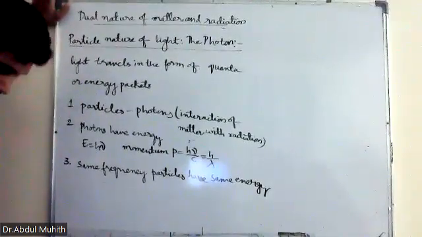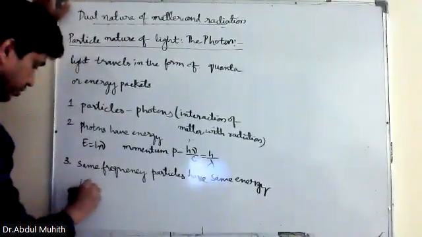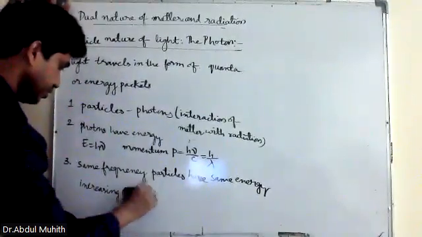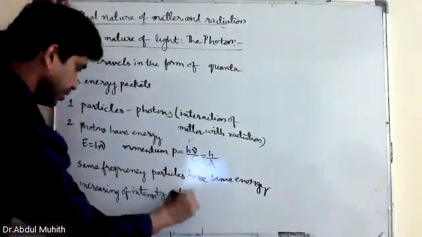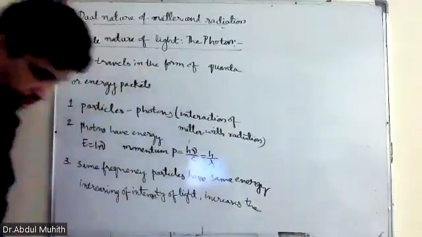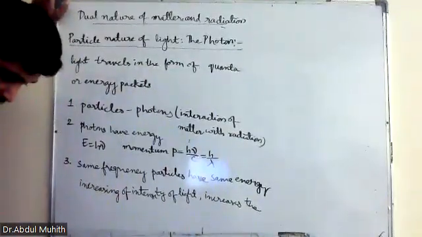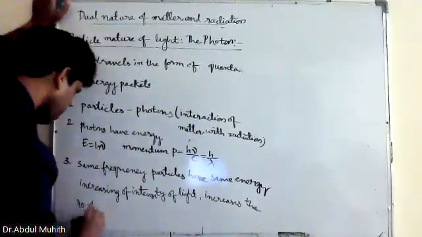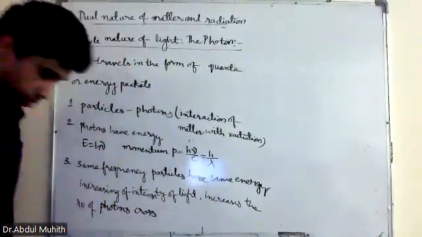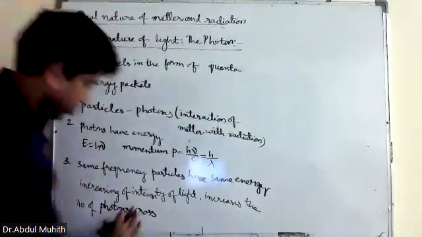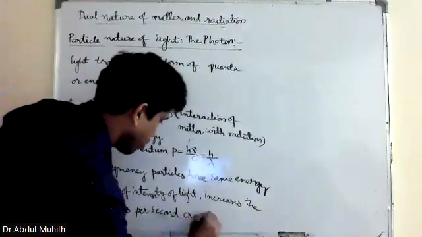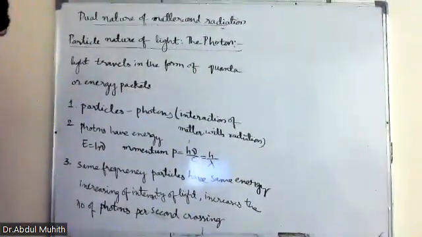Increasing the intensity of light increases the number of photons per second crossing a given area.